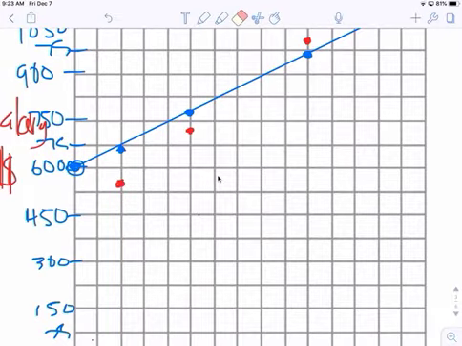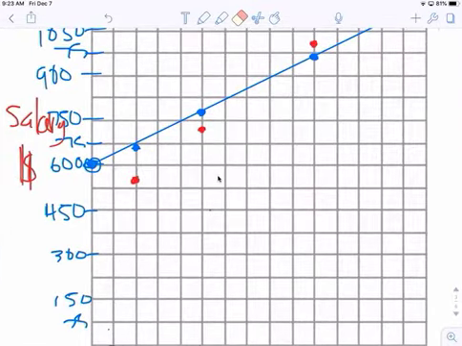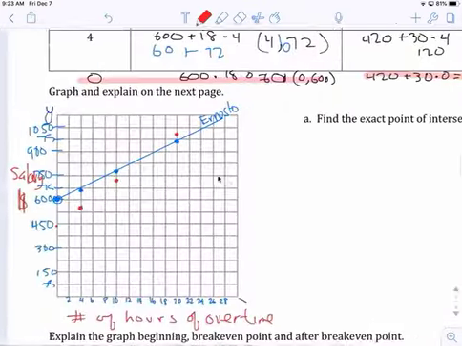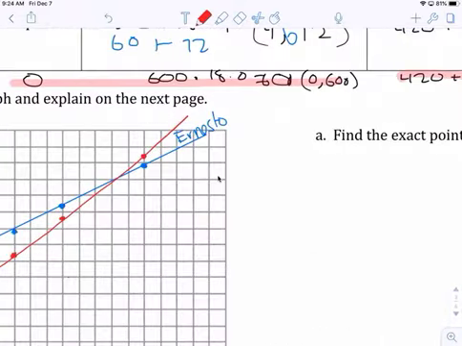And 0 is 420, right? 0 is 420. 450, so somewhere right there, just right below it, and graph that. There. And that belongs to Samuel.